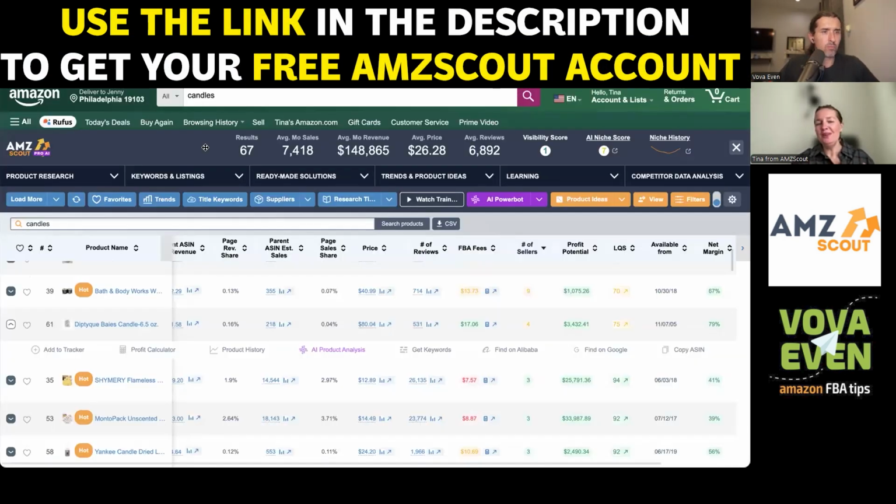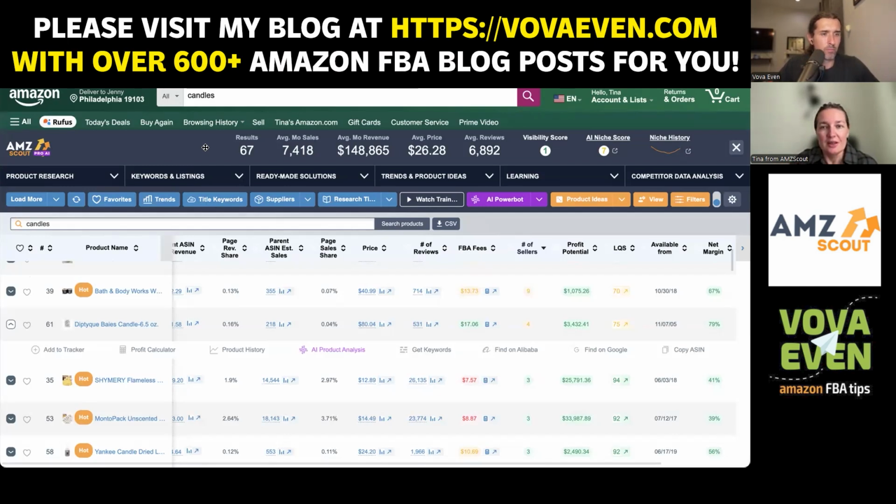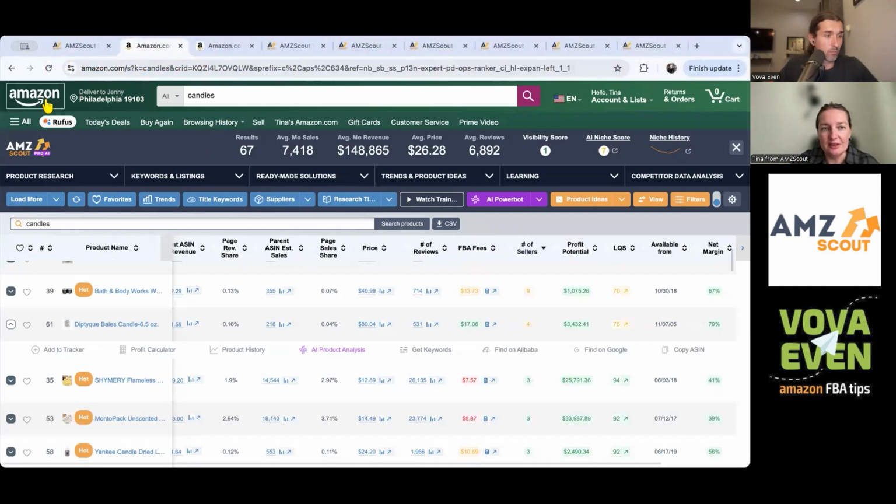If I didn't find anything in the product database, for example, or I just found the idea, for example, if I want to sell candles, but I need to find a particular product to sell if I'm doing online arbitrage, I just put the word candles in the search box on Amazon. I pulled up the Pro AI extension, and I look at this column which says the number of sellers.